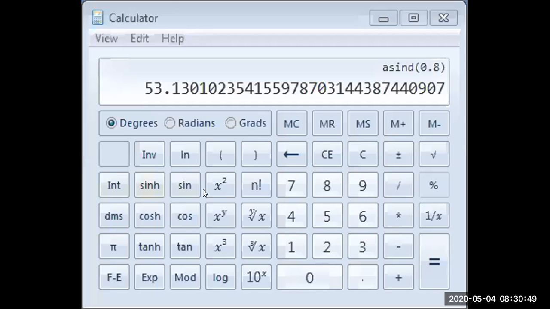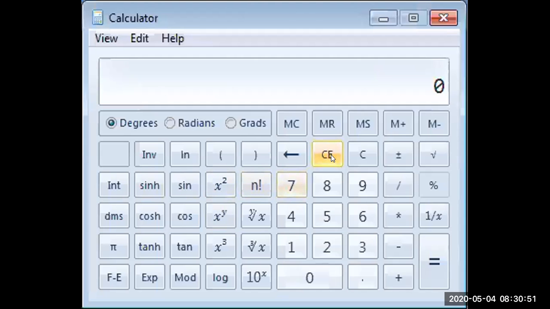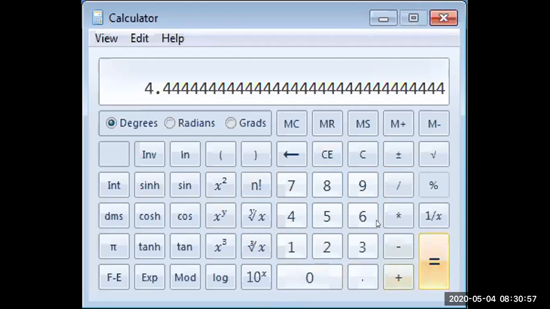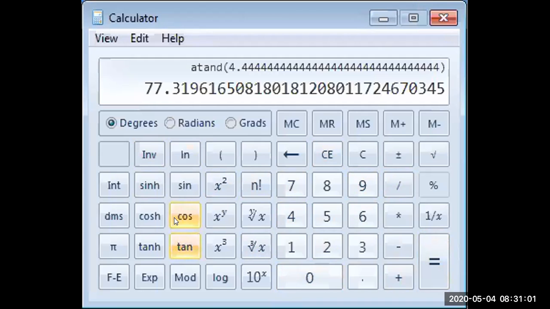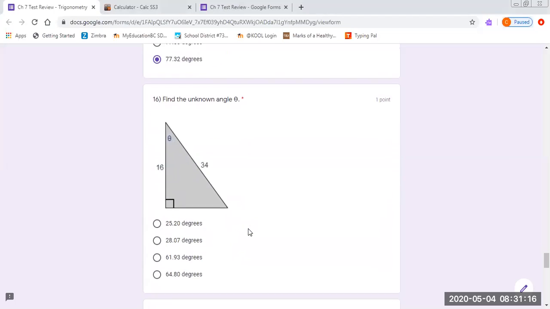So putting this into the calculator, we are going to take opposite, which is 40, over adjacent, which is 9, to give us this value, and then we take the inverse function of tan, and so we end up with a value of 77.3, and then rounded up is 77.32 degrees. And so if I come back here, that is why we would be choosing this value here.